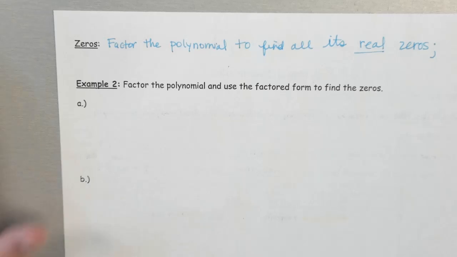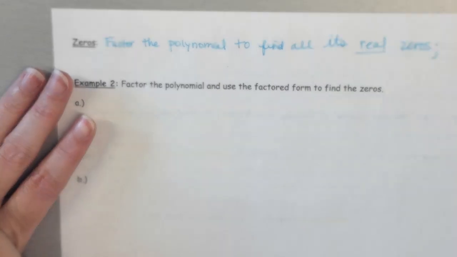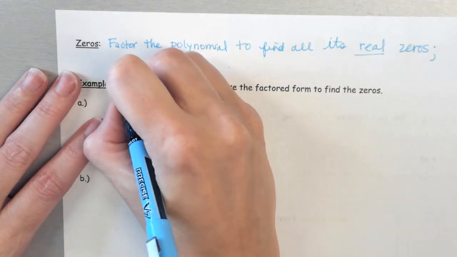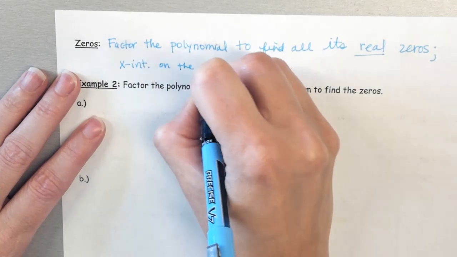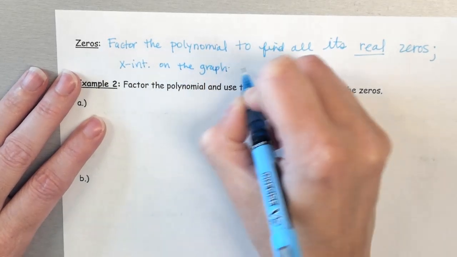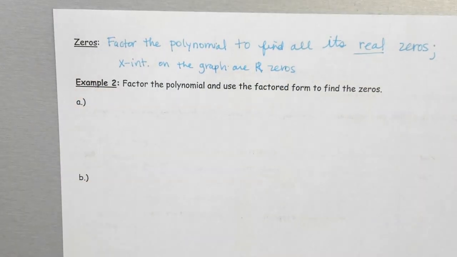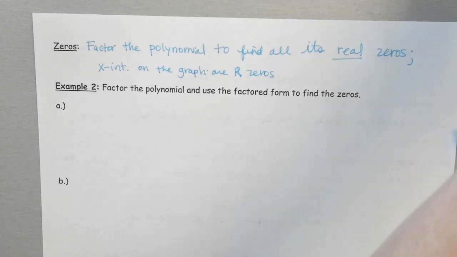Okay, remember what other type of zeros are there? Imaginary. Good. So the real zeros you can see on the graph. Okay, these are the x-intercepts. Those are your real zeros. The x-intercepts on the graph are your real zeros.